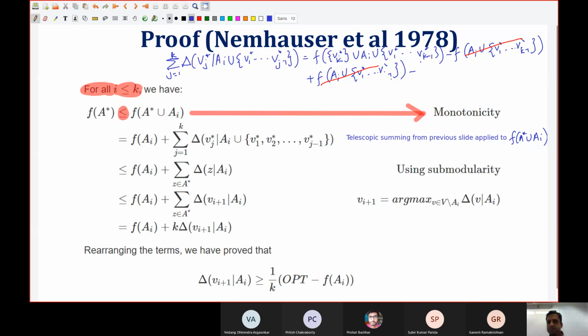Is that correct? And finally, k will be equal to j will be equal to 1.